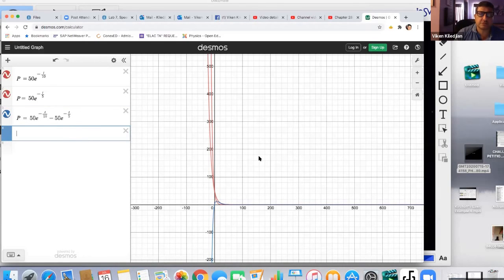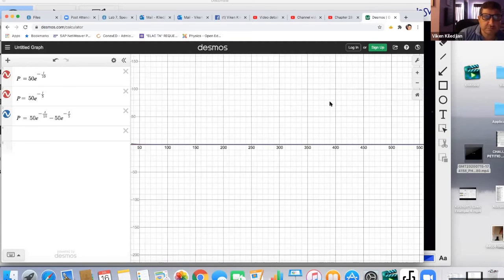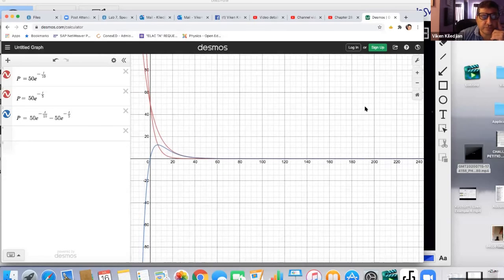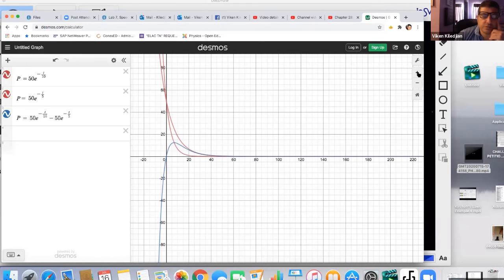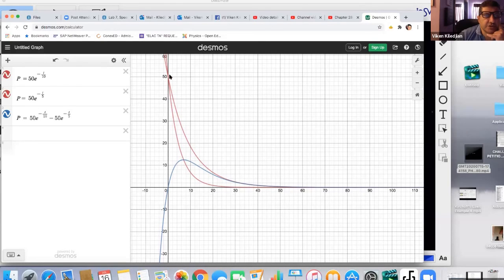Oh, weird. Look at that. Okay, so this one is telling you when t is 0, the top one is the battery, the rate at which the battery is producing energy.